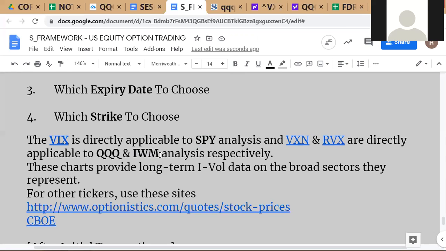The Russell 2000 tracks small cap companies. This is an ETF that tracks the Russell 2000 index, small cap companies, and the RVX is the eyeball index chart for options on the IWM. So for three of your tickers, you have ready-made long-term data.